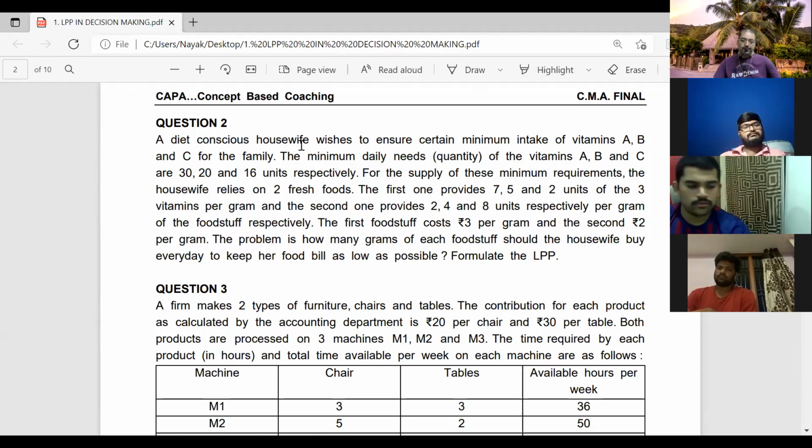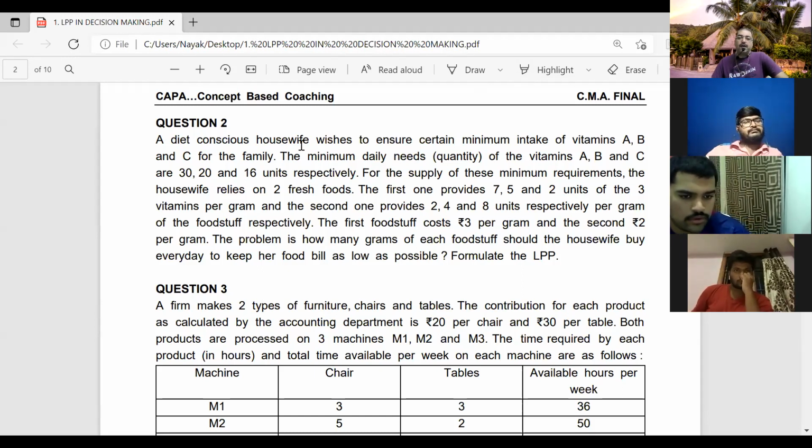Question 2. A diet-conscious housewife wishes to ensure a certain minimum intake of vitamins A, B, and C for the family. The minimum daily needs of vitamins A, B, and C are 30, 20, and 16 units respectively. For the supply of these minimum requirements, the housewife relies on 2 fresh foods.